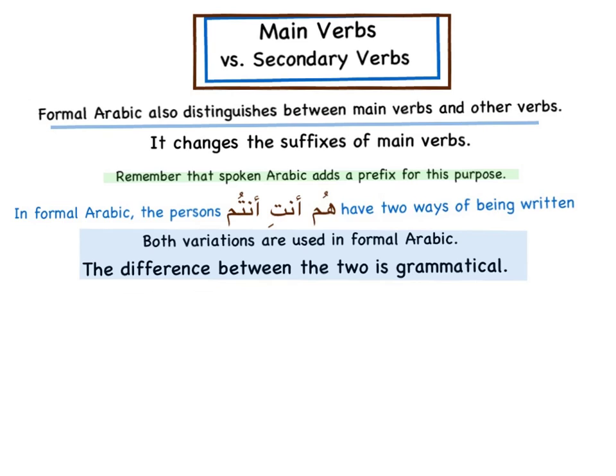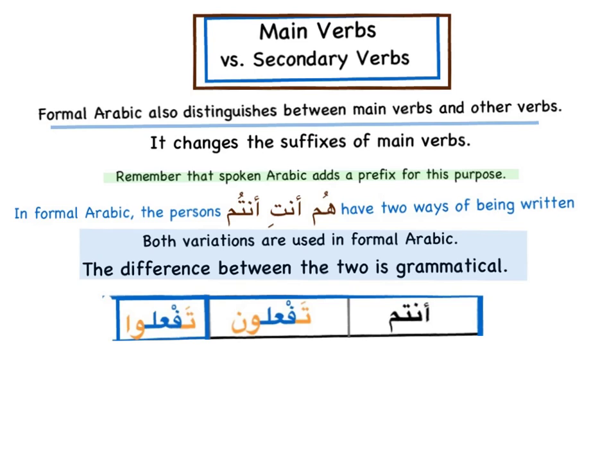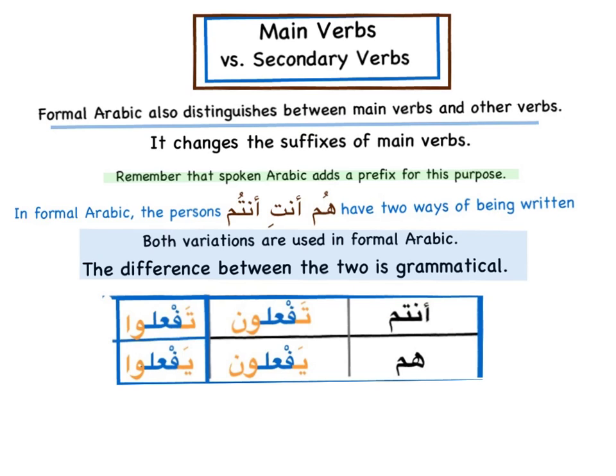Both variations are used in formal Arabic. The difference between the two is grammatical. So we have أنتم, plural you, with تفعلون and تفعلوا, both أنتم, تفعلون, you do. هم يفعلون, يفعلوا, they do.